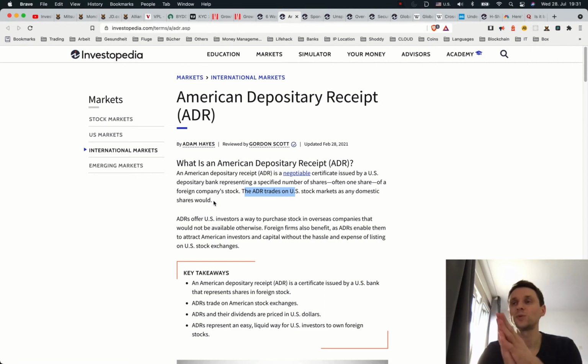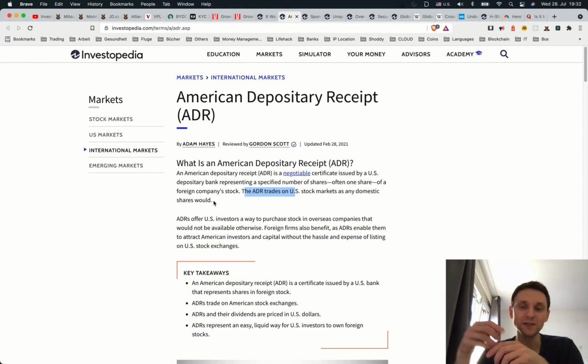In simple words, we have a depository bank in the United States. For example, Citigroup. Citigroup buys a lot of shares from a foreign company like Alibaba, for example. And this bank keeps all those shares as an asset, and then this bank wraps those shares as an ADR, and it sells it to you in the United States.